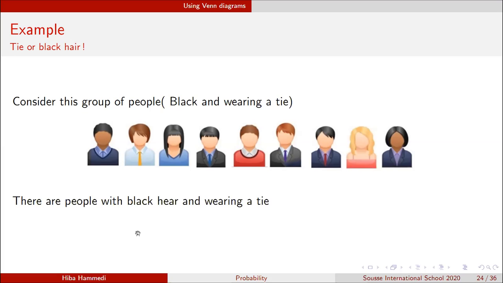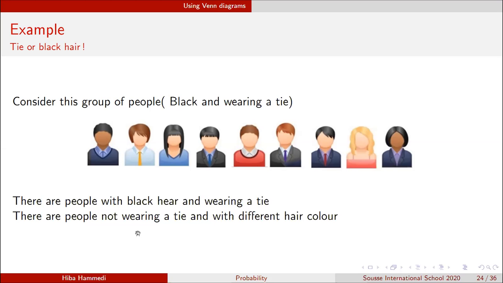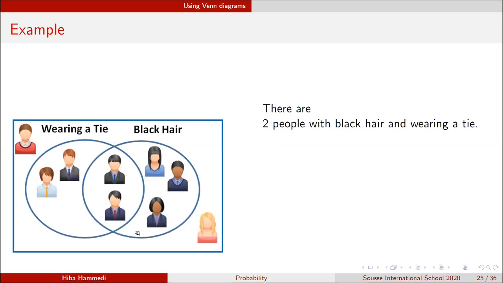It's an intersection of two events. Two events happen at the same time: wearing a tie, having black hair. So how to do this? Well, I can represent this using a Venn diagram. I can represent it like that. I just divided people into categories, wearing a tie and having black hair.